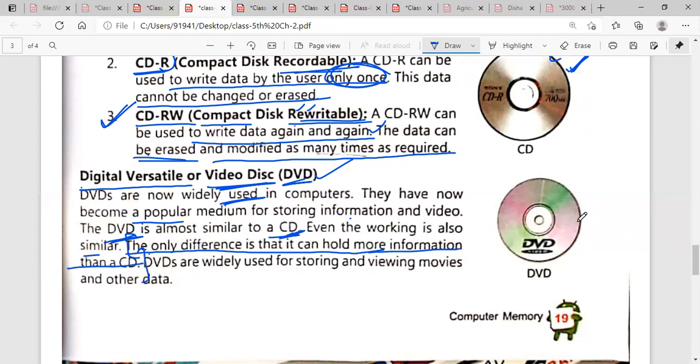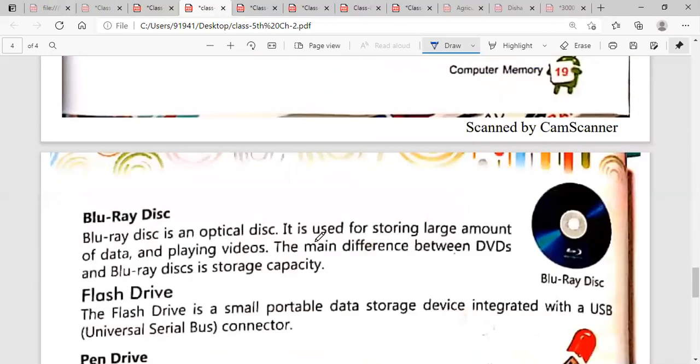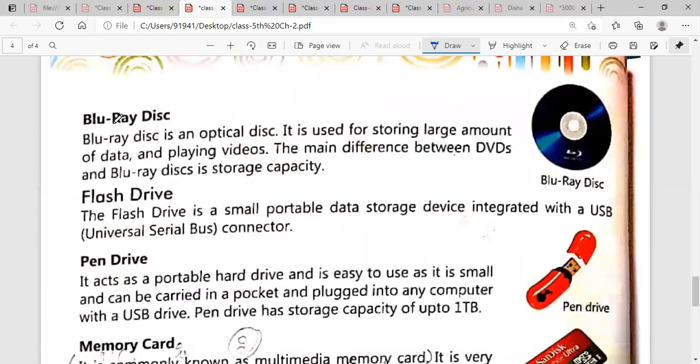A CD can only store 700 MB, but we can store more than 700 MB on a DVD. DVDs are widely used for storing and viewing movies. You can store a movie on this DVD, and other heavy data. Now, next is Blu-ray disc.